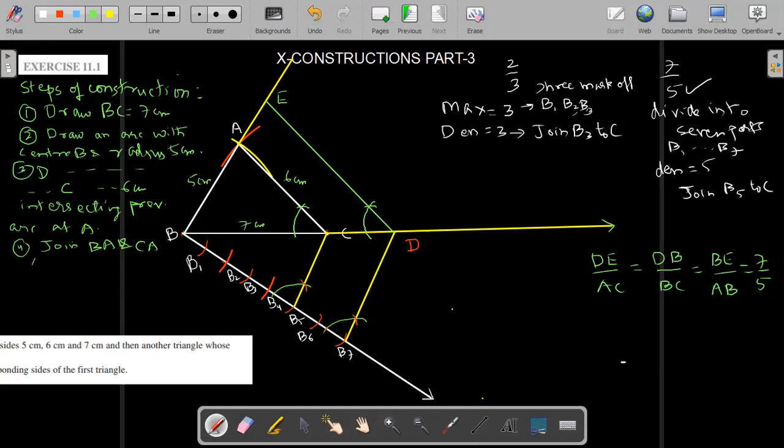ABC is the required triangle. Triangle ABC is the given triangle.